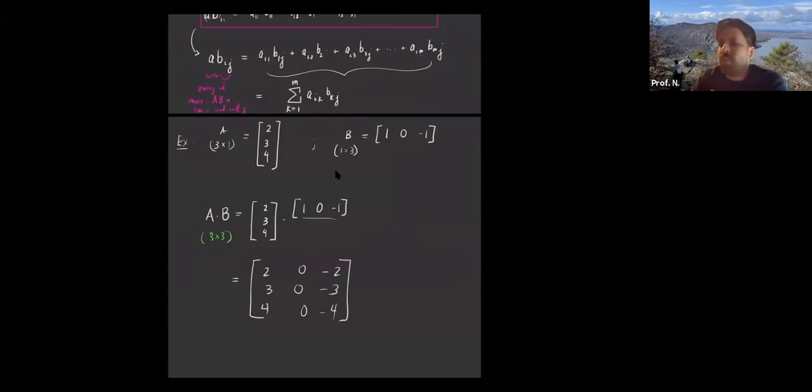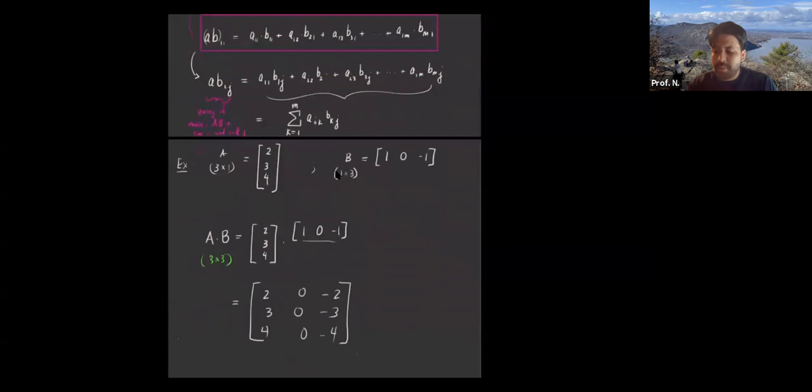Or, what would the number of columns have to be for one matrix in order to multiply these matrices? But if you have just two matrices where the inner dimensions don't match, matrix multiplication is impossible. It doesn't make any sense to do it.